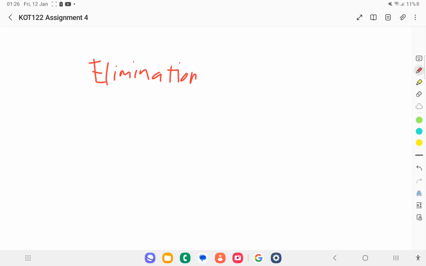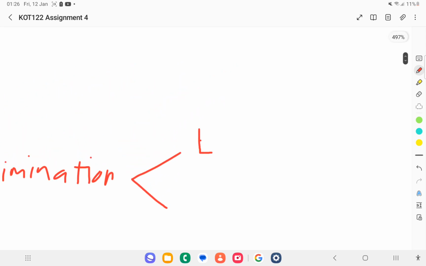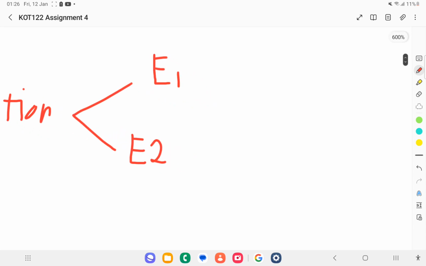There are 2 types of elimination reactions, E1 and E2 mechanism.